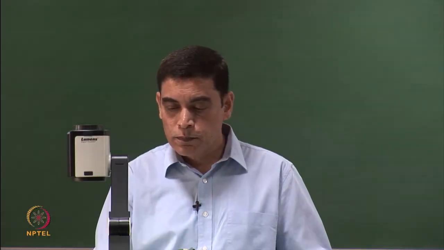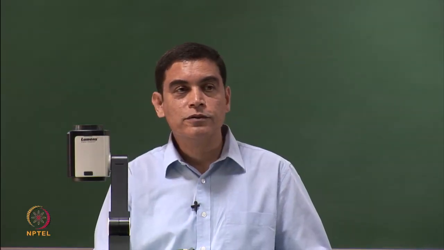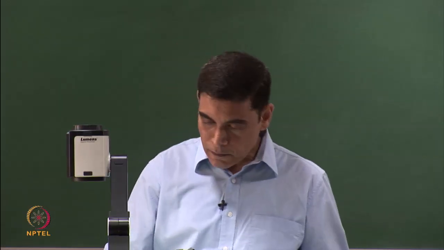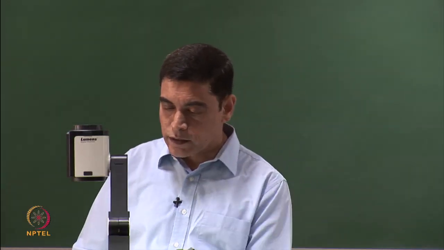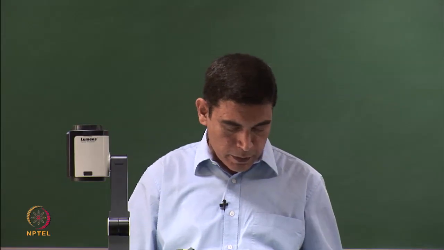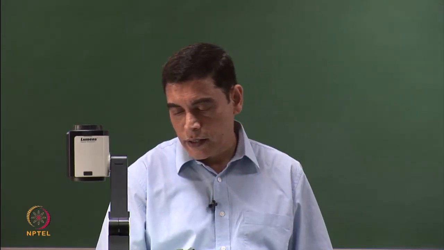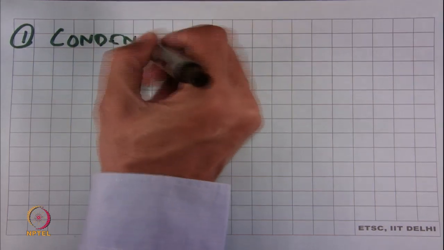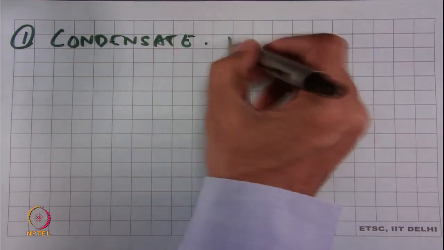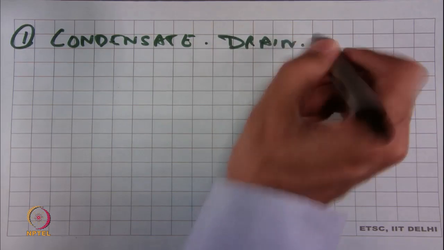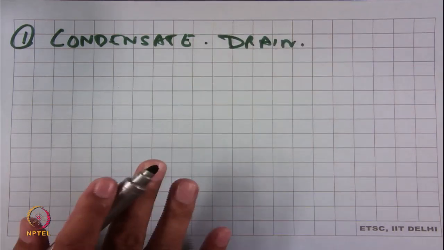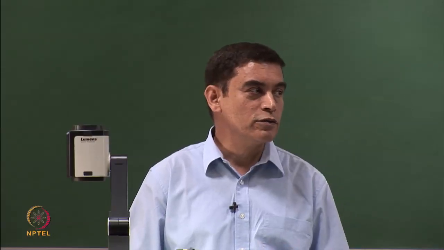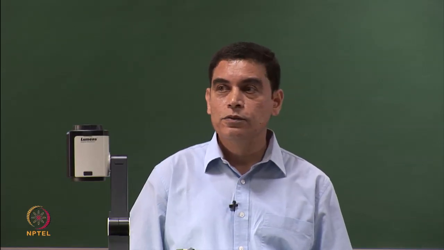So, we came to a point where we had a prototype which could be tested, and then there were certain things to be considered after the prototype was made. For example, how do you drain condensate? This becomes more complex in a railway application, because the water is going to splash because of movement, and then there is going to be static.